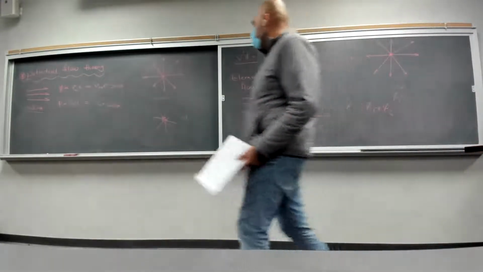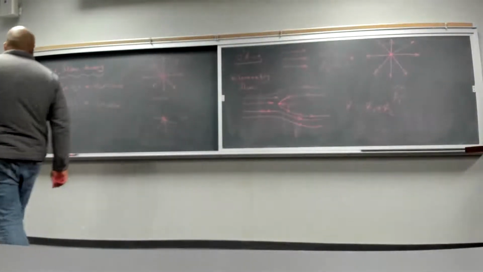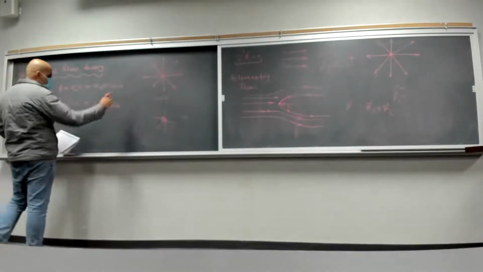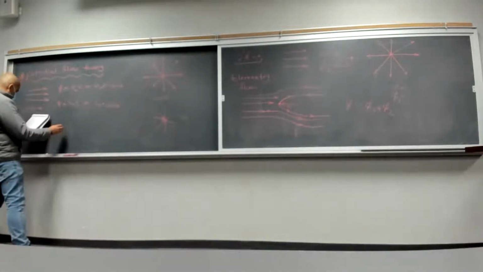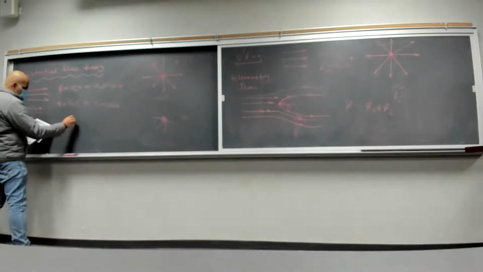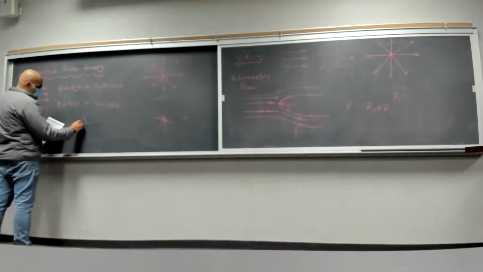If you are at the equator, this is how it's going to look, which doesn't really happen in the real world. But what is the potential and stream function for this type of flow?